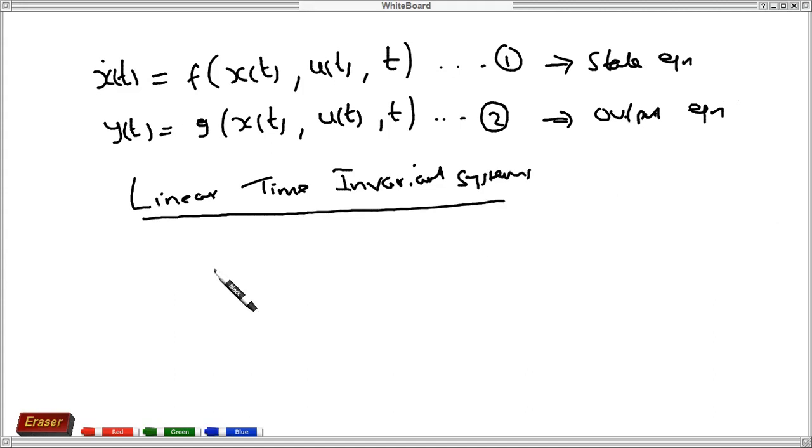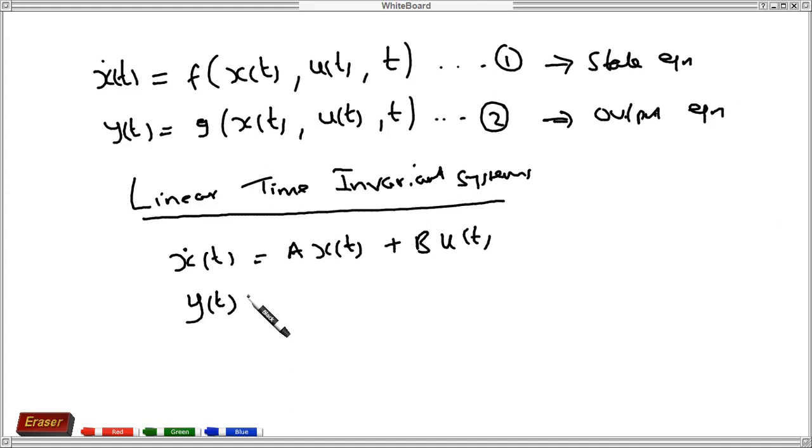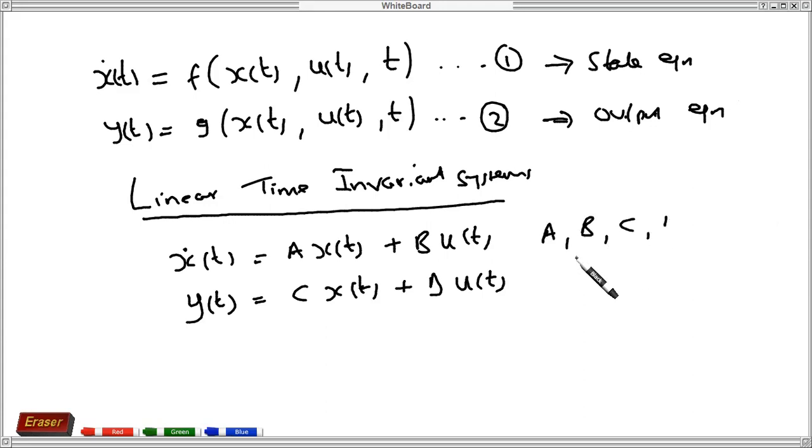For linear time invariant systems, equations 1 and 2 can be written as x derivative of t equals A x of t plus B u of t, and y of t equals C x of t plus D u of t, where A, B, C, and D are constant matrices.